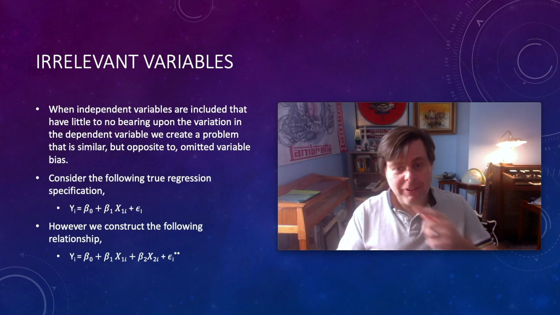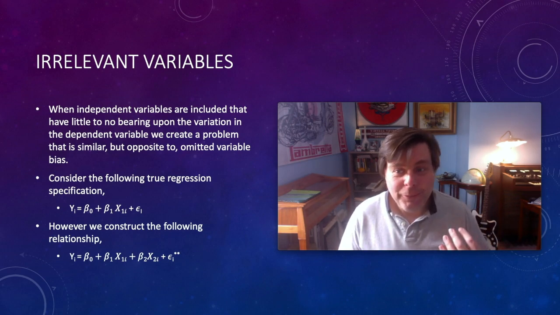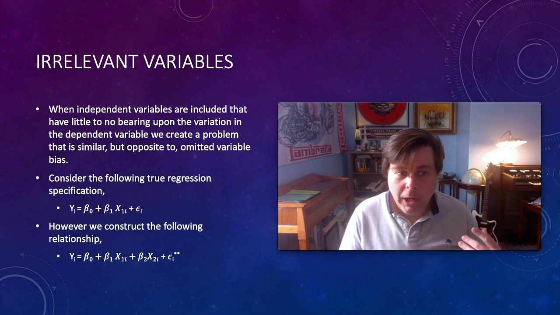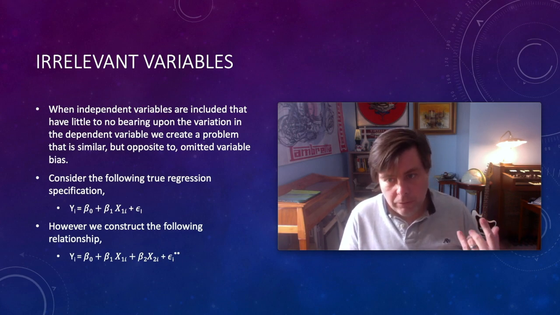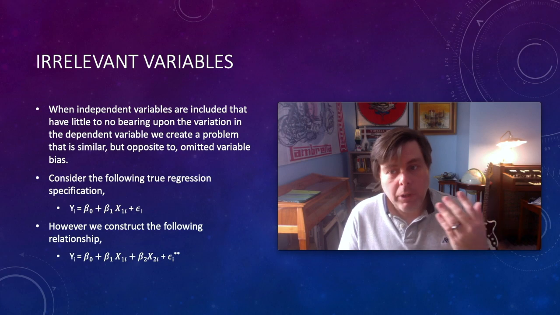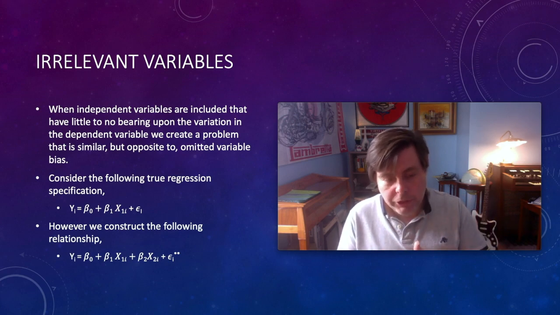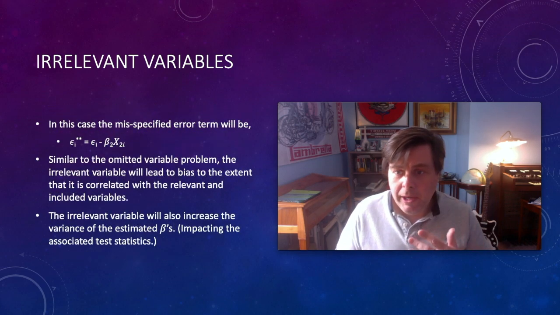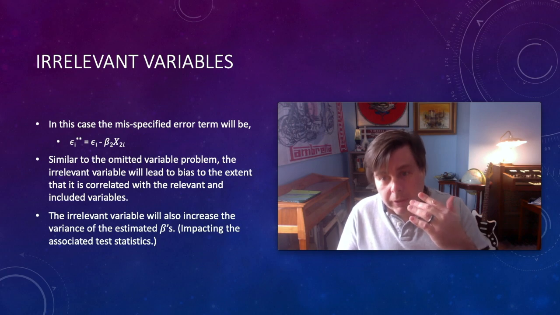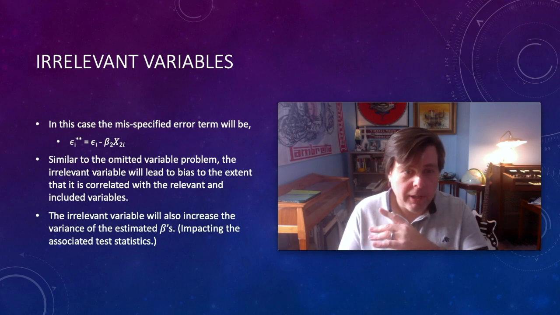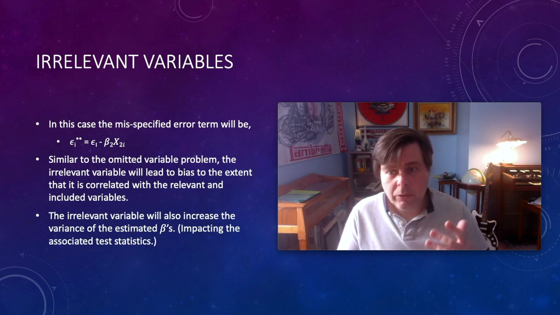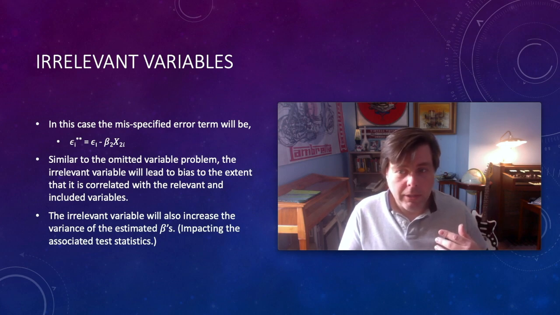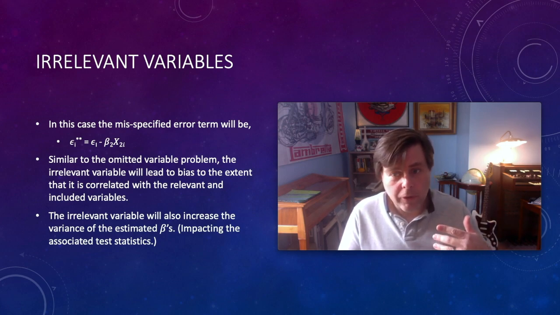So consider, over there, the true regression equation where the variations in y are really only attributable to x1. But we hypothesized the relationship where movements in y are attributable to x1 and x2, right? Well, when we do that, our error term becomes misspecified in a manner very similar to what we saw with omitted variable bias, or excuse me, when there's an omitted variable, right?